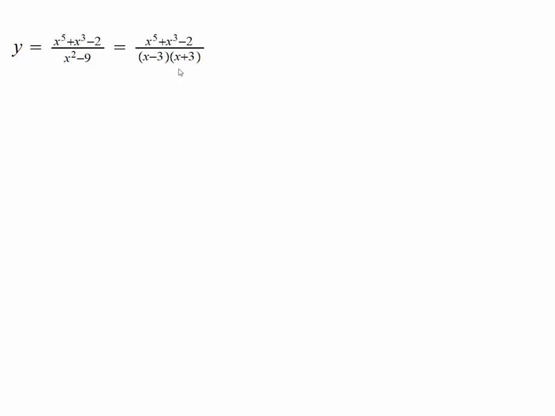Okay, so the denominator factors as x minus 3 times x plus 3. All right, and notice this, neither of these can be a factor of the numerator because none of them is a factor of 2. Neither plus 3 nor negative 3 makes the numerator equal to 0. So what we have here is that our vertical asymptotes would again be x equals negative 3 and x equals 3.